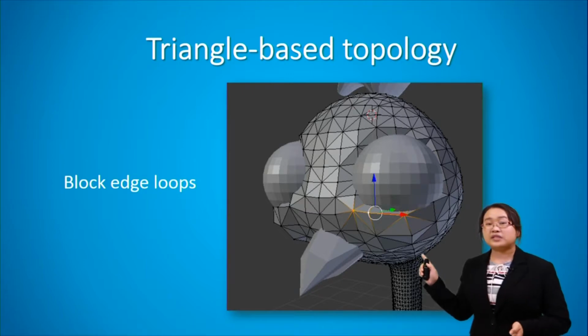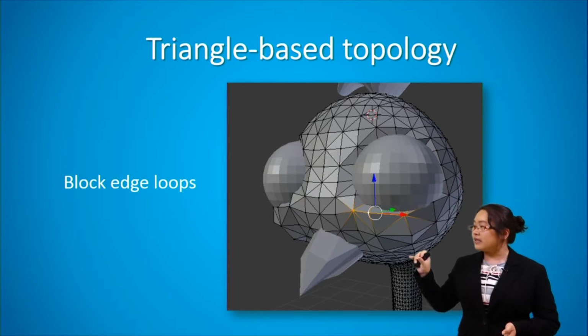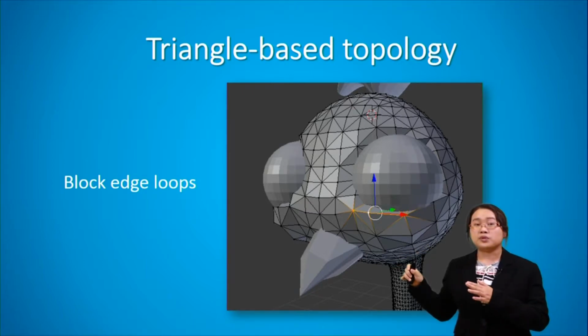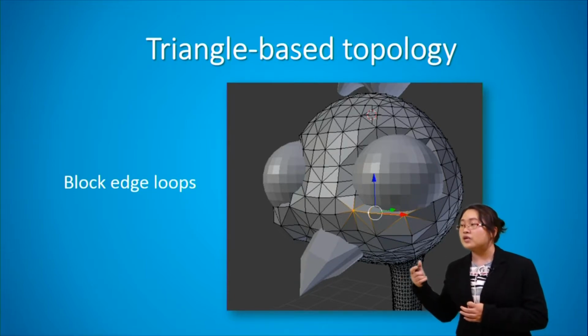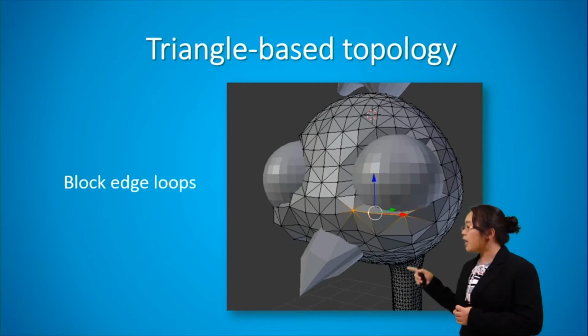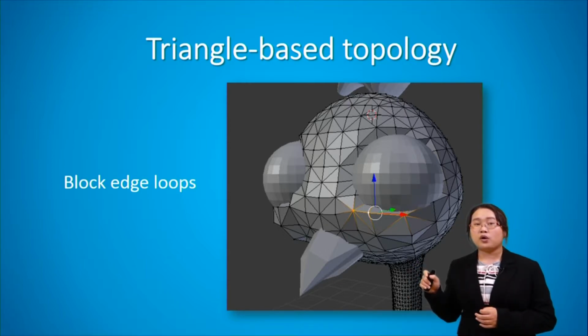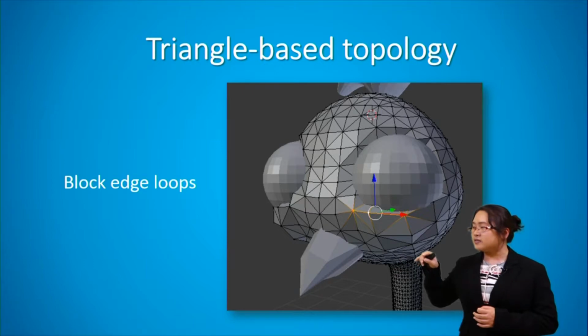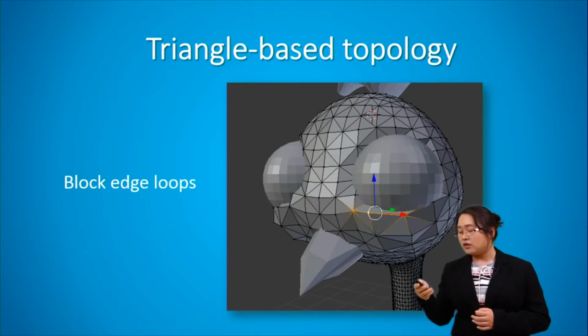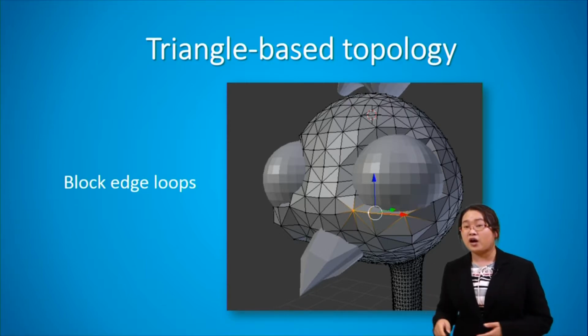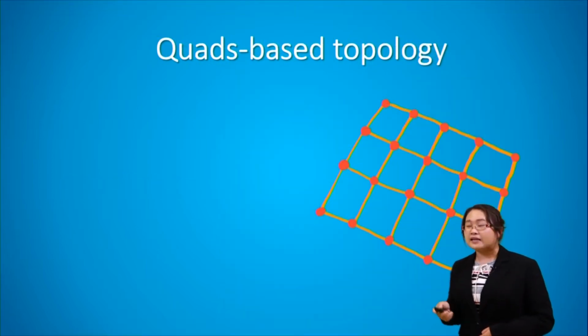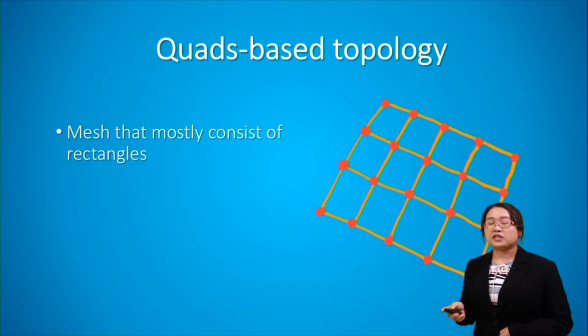In this picture, I'm trying to select one edge, which is two vertices, and I try to use the edge loop or edge ring to select the whole loop. But with triangular-based topology, it will block me. I can select only two edges and that's it. So this is not good if you would like to work for a large company, because you have to edit it a lot.